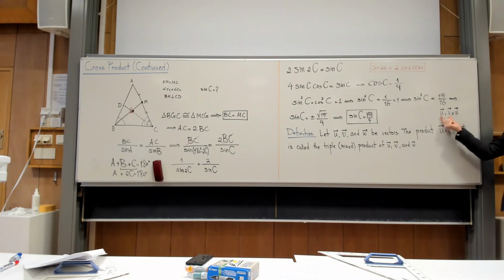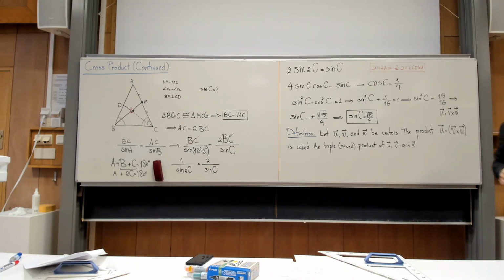Because if you do the dot product first, it becomes a number, and you cannot cross product a number with a vector. So even though it's a little bit ambiguous which one I have to do first, if you think a little bit further, you will realize that this one is not possible to do first. So automatically I have to do the cross product first, and a pair of brackets should be around the second pair. Even though I avoid using this, if you see it, there is only one way to interpret it.